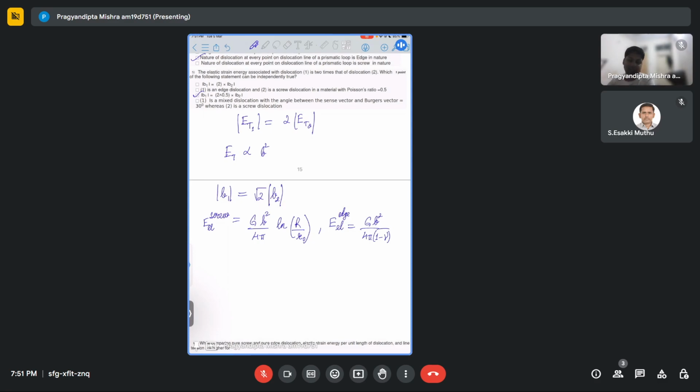In the denominator we'll have the 1 minus nu term, ln of R by R naught, right?